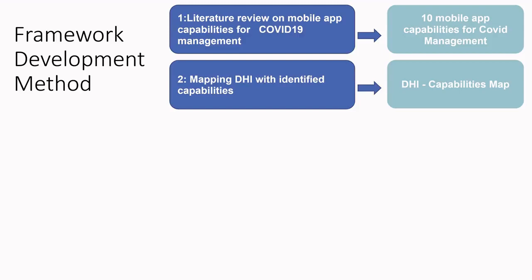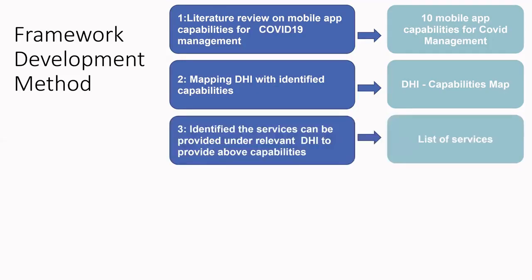So they have listed different interventions. Next, in this exercise, we took each capability and mapped the related digital health interventions to it. At the end of the exercise, we created this DHI, digital health interventions capabilities map.